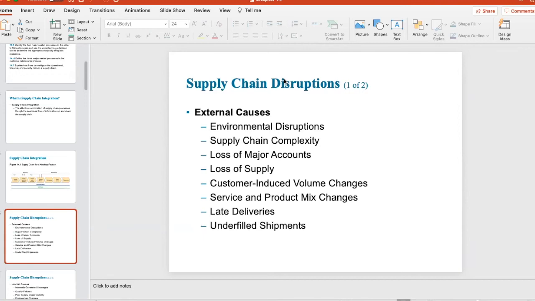Or if the supply chain is too complicated, such that it's very hard for different members to coordinate simultaneously without any errors through this whole process, then it may also cause some supply chain disruptions.